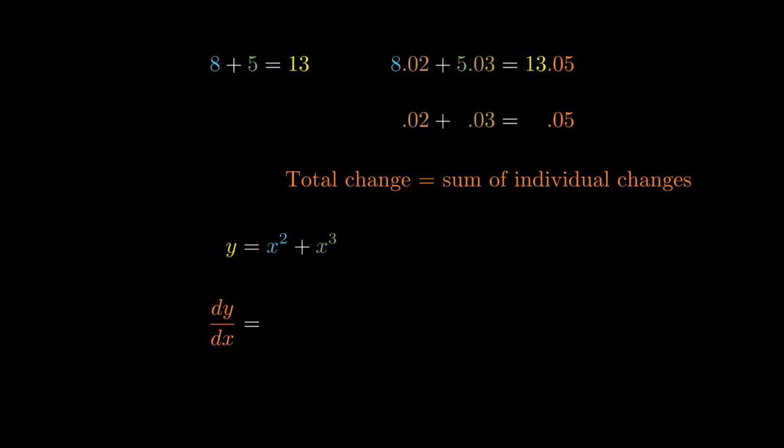And we can just take the sum of the individual changes, meaning we just differentiate x squared, giving 2x, and then we add this separately to the derivative of x cubed. Remember, the 3 hops down and the cube drops to a square. So if you see any addition or subtraction, just do each one separately, then add or subtract the results at the end.